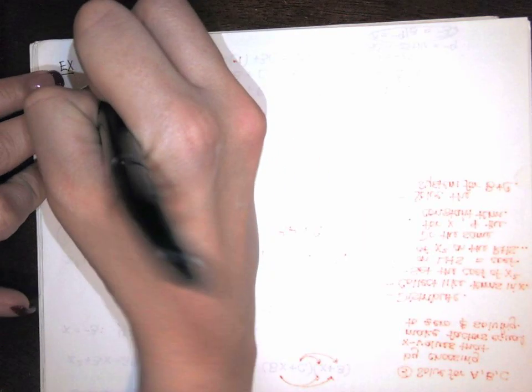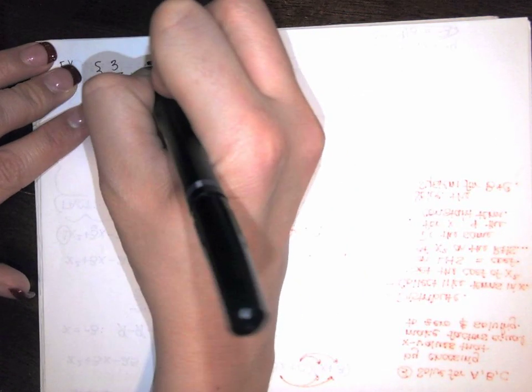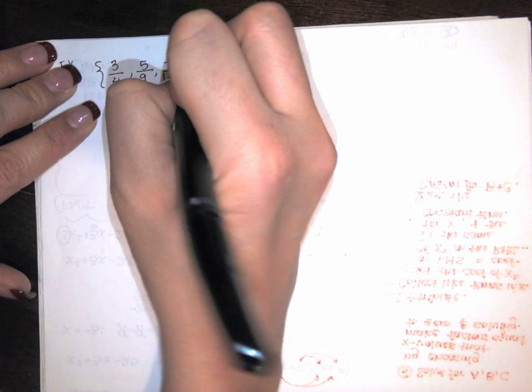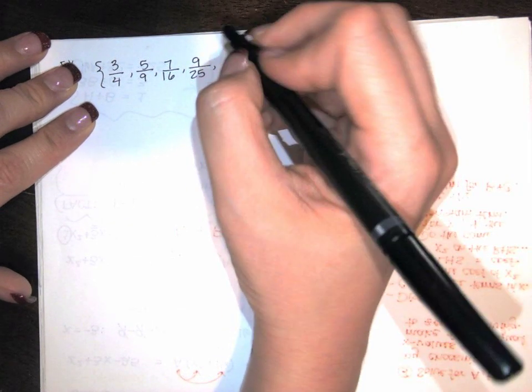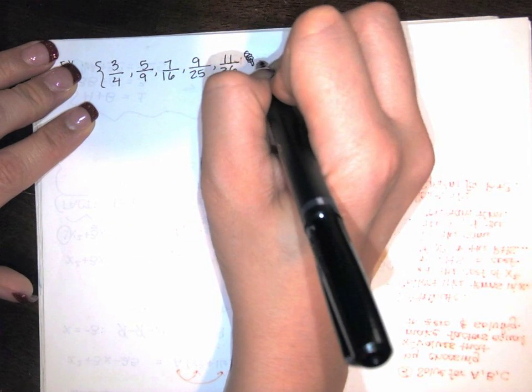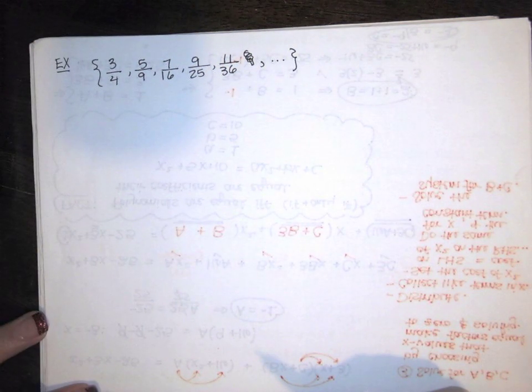So here is an example where we see something like that. I've got 3 over 4, 5 over 9, 7 over 16. Actually, I've got something that's not geometric or arithmetic, but there's a pattern that we might recognize. And it keeps going. That's why we put those little dots there to indicate that it goes on forever.